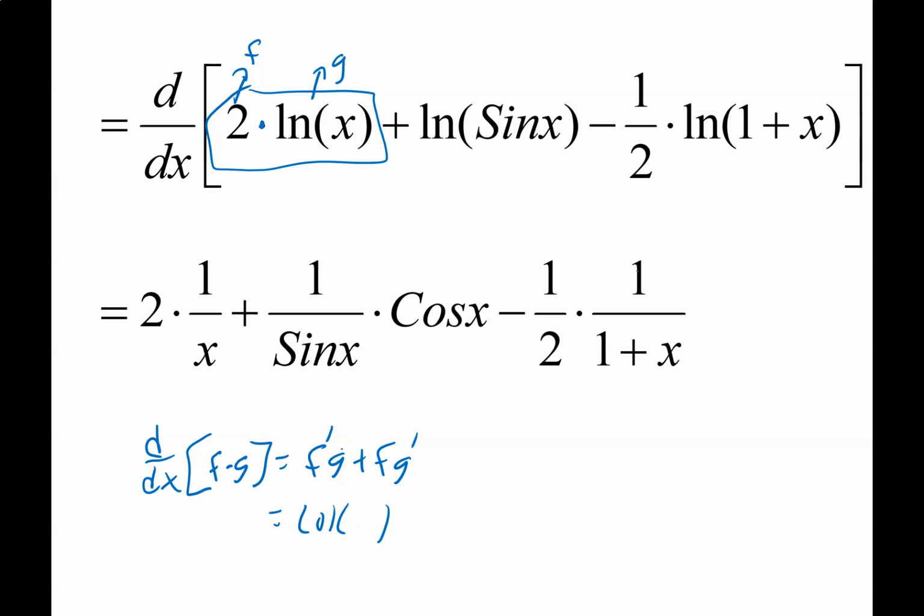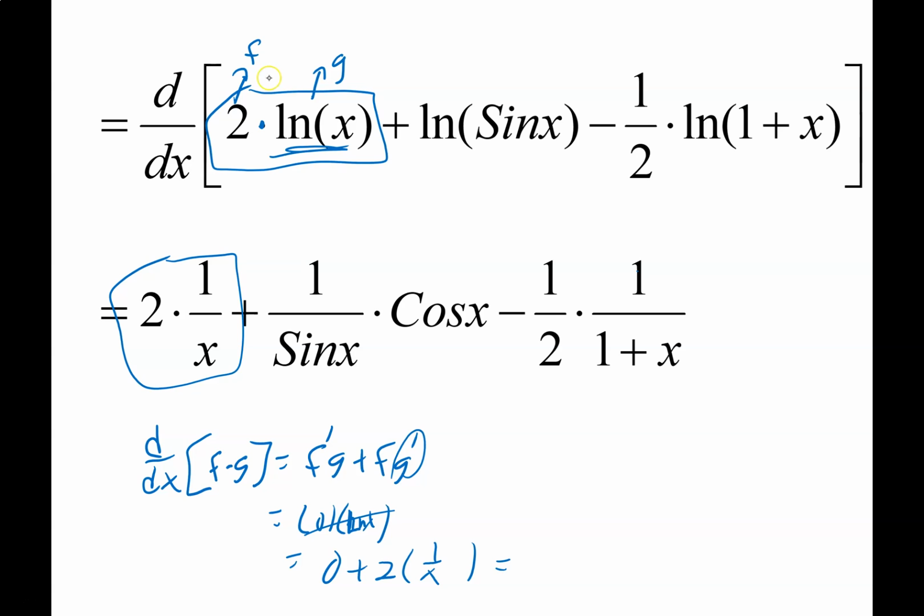G, I really could care less what it is because it is ln x here, but that's going to make 0 anyway. F is 2. And then my G prime, the derivative of ln x is 1 over x. So what do I get? 2 times 1 over x, the same thing I got there, which is in effect 2 over x.